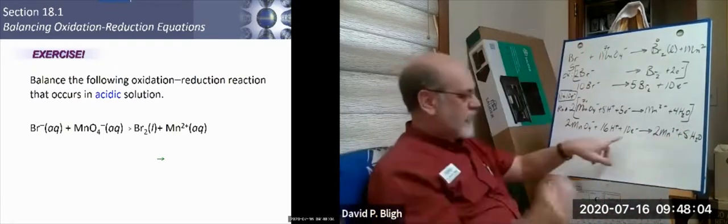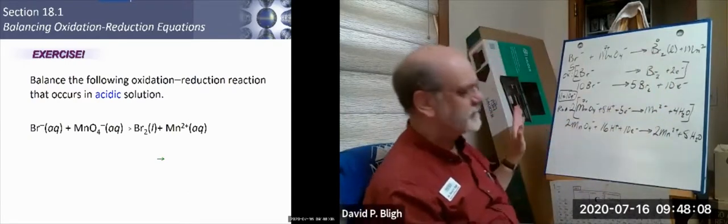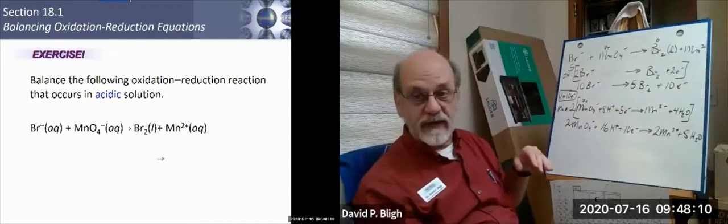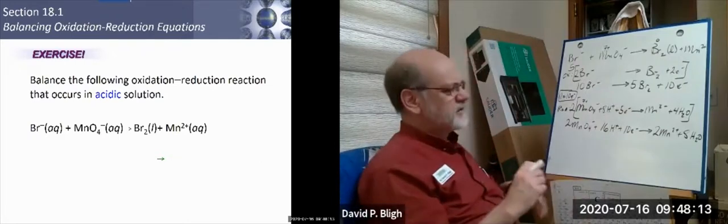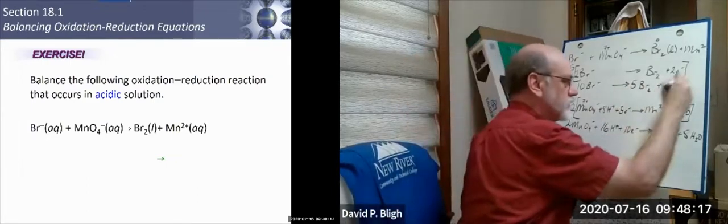Okay, now that we've got our electrons balanced, 10 on that side, 10 on this side, we can combine the equations. So let me see how much we can do before we actually write it down. We can get rid of the electrons.